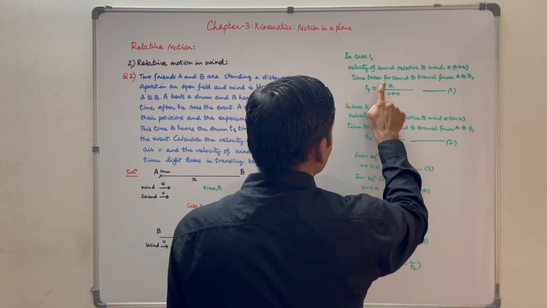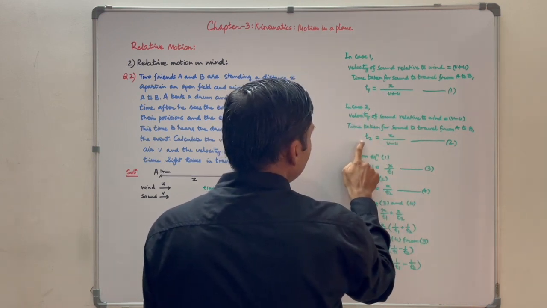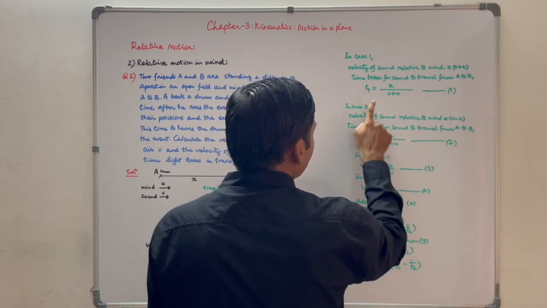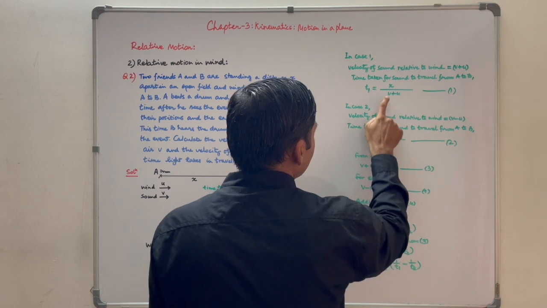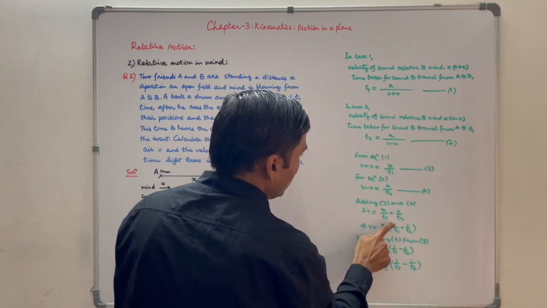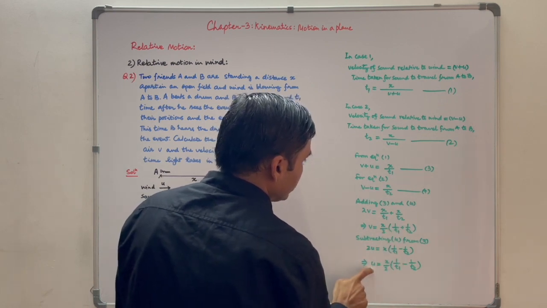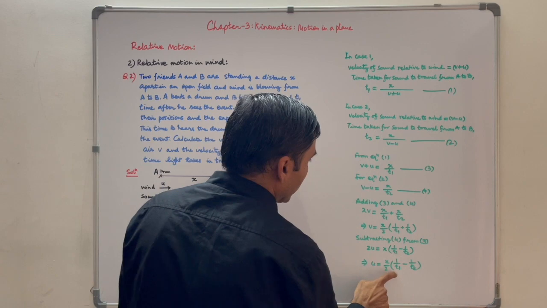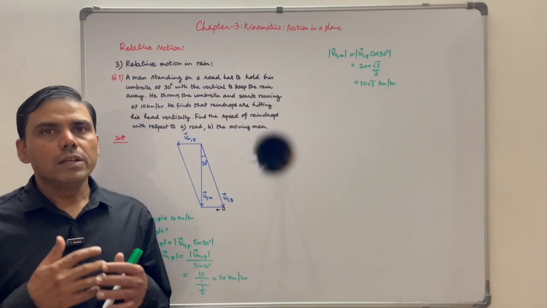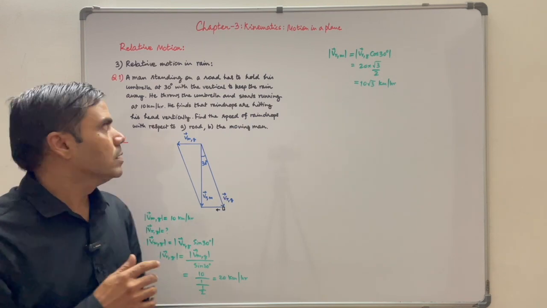So T1 is equal to x upon V plus U. In case 2, T2 will be equal to x upon V minus U. Now solving these two equations for V and U, V comes out to be x by 2 in bracket 1 by T1 plus 1 by T2 and U comes out to be x by 2 in bracket 1 by T1 minus 1 by T2. Now let us see this question to understand relative motion in rain.